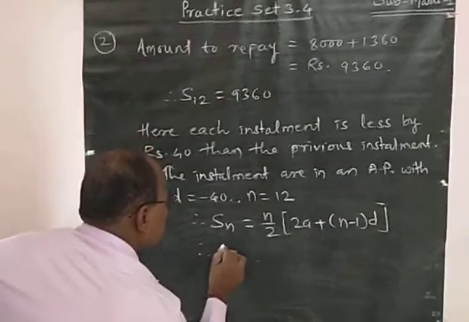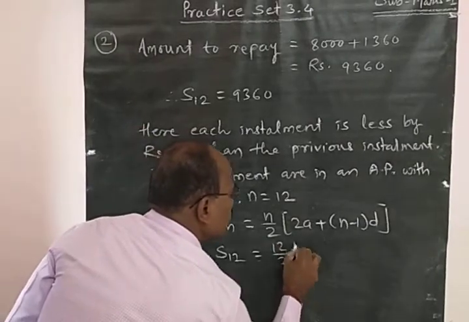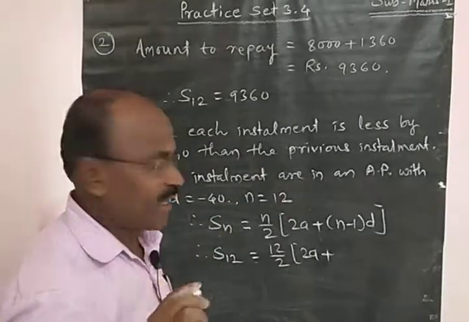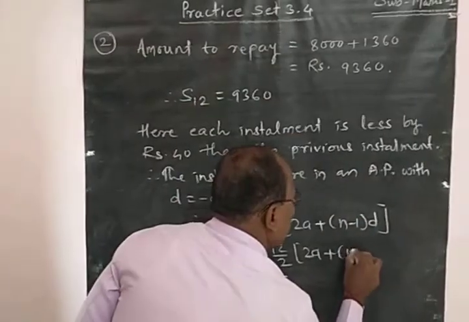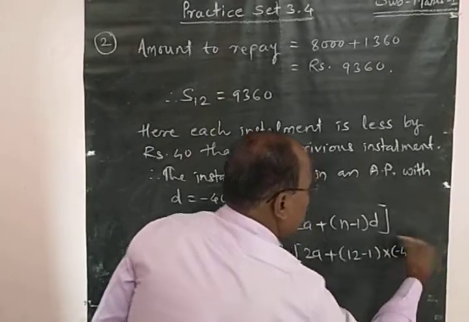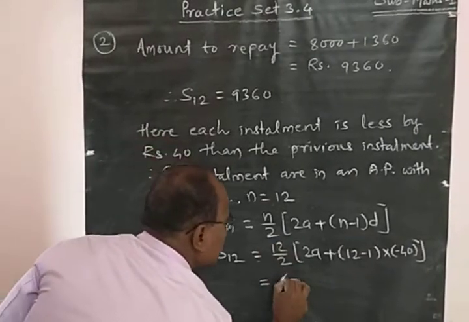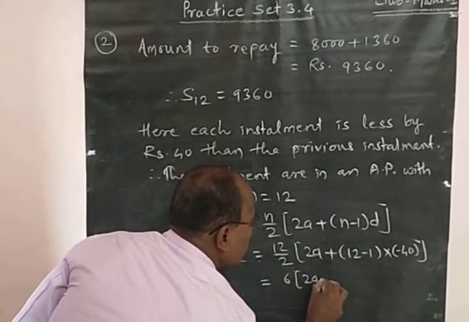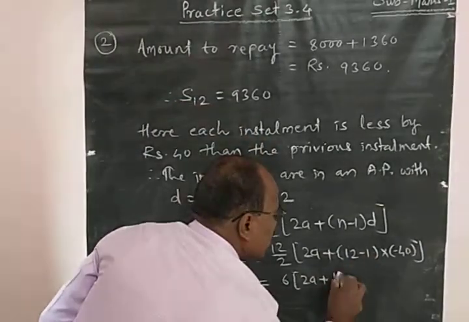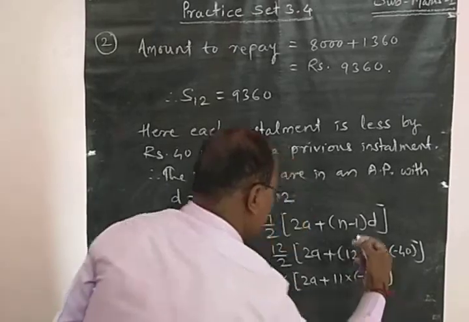So here S12 is equal to 12 upon 2 into 2a, because a is to be found, so write as it is, a. n is 12 minus 1 into d is minus 40. Okay, that is equal to 12 upon 2 is 6 into 2a plus 12 minus 1 is 11 into minus 40. Okay.